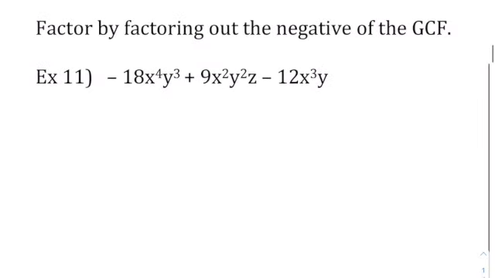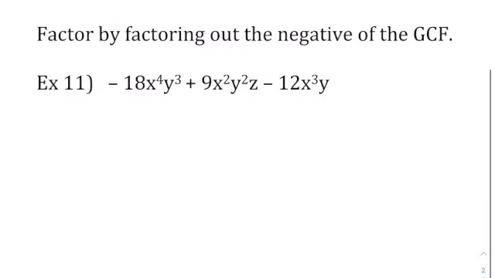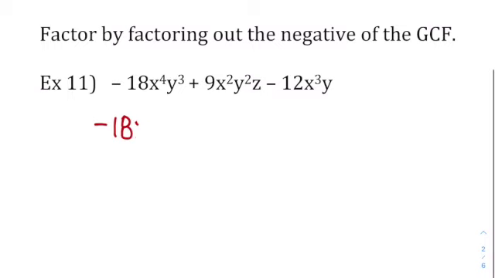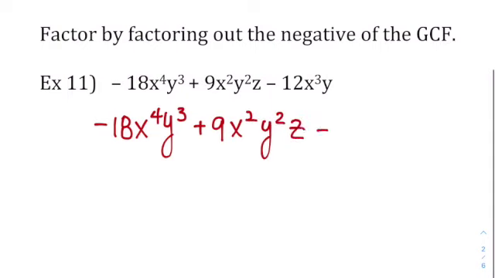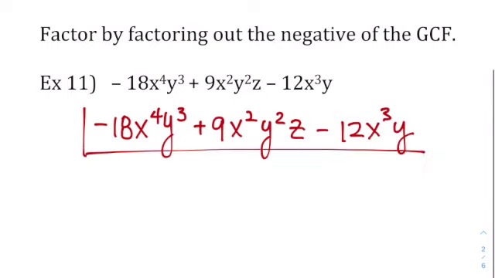What I'm going to do is the same thing. So that's negative 18x to the fourth, y to the third, plus 9x to the second, y to the second, z, minus 12x to the third, y. So if I pull out a negative right away, that's negative 1.